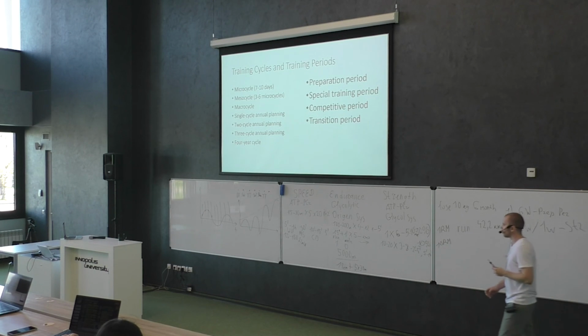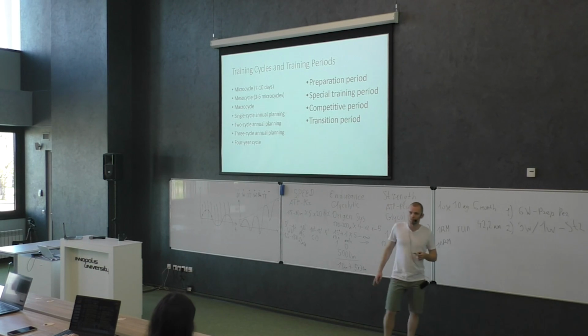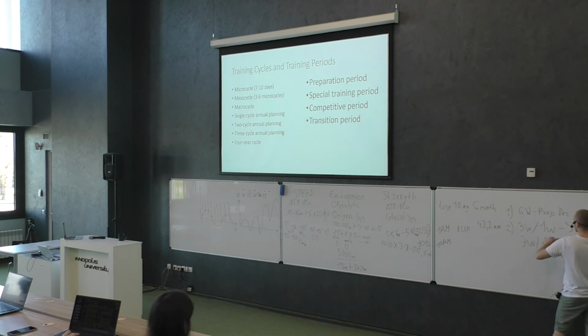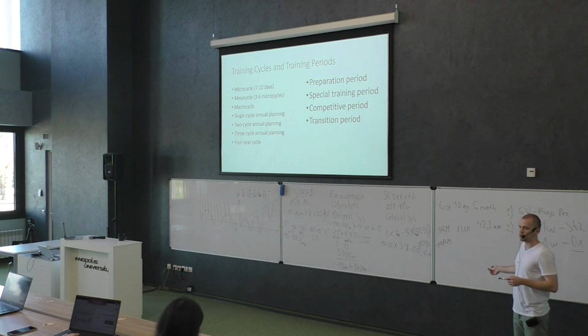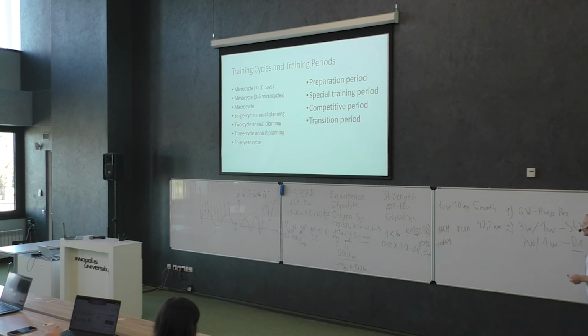Then we will work on the oxygen system, also for 3 weeks. During this mesocycle, we can improve our oxygen speed, because as we know, marathon running uses the oxygen energy system.